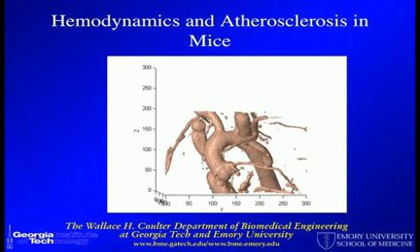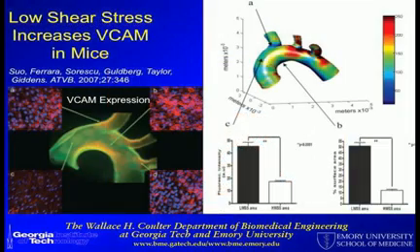Now here is an example from the hemodynamics in atherosclerosis in mice study. This is an image taken from a mouse aorta. The diameter of the mouse aorta is only 1 millimeter, so this is quite a small vessel. We're able to strip away some of the superfluous vessels and then reconstruct this into a computational model. Here's an example of such a model that was reconstructed.